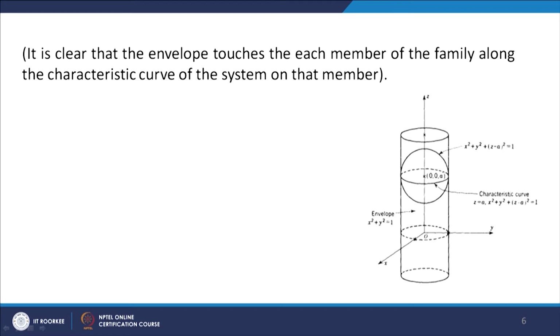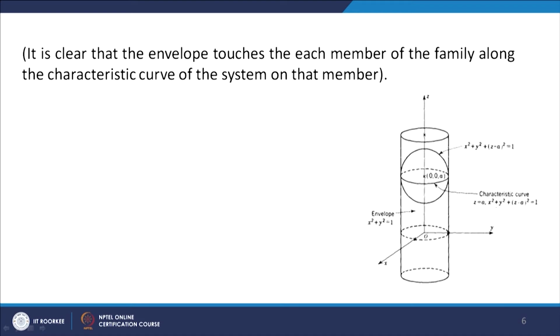This is the characteristic curve, which is a circle lying in the plane z equal to a having the center 0, 0, a, and the envelope is this one, the right circular cylinder x square plus y square equal to 1.